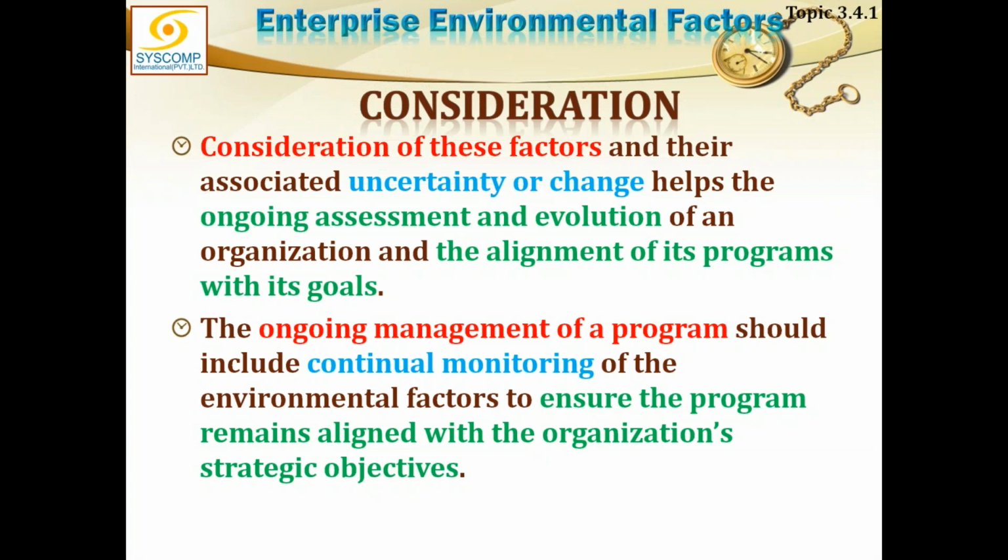So the thing you are aligned with, if you are not checking it constantly, maybe that thing is no more there at all, and you are aligned with something in dreams. There's no practical thing in front of you in which you are being aligned. So keep an eye on that.